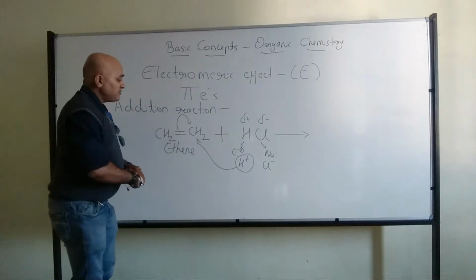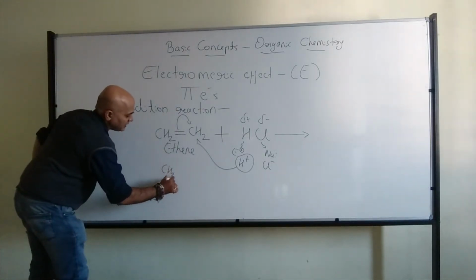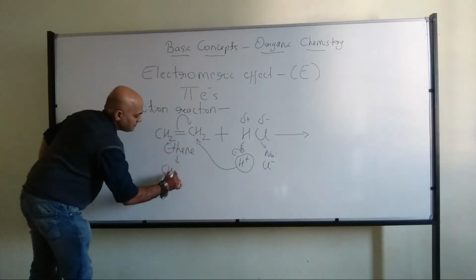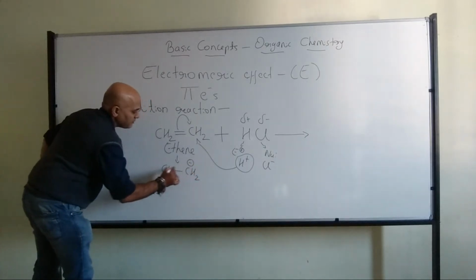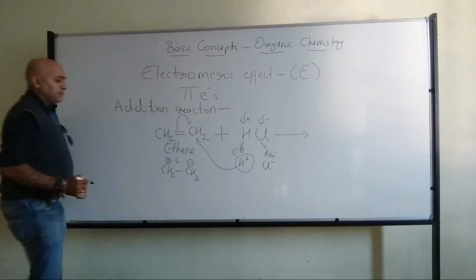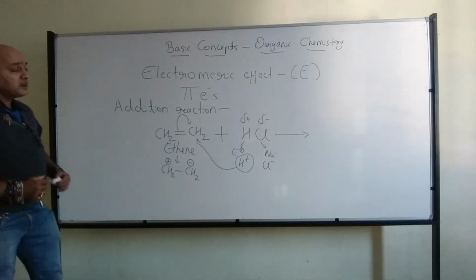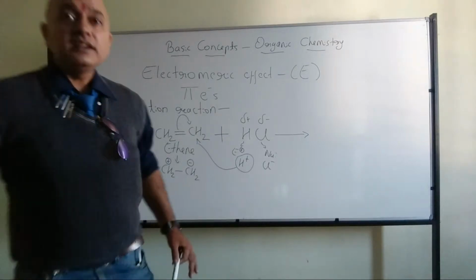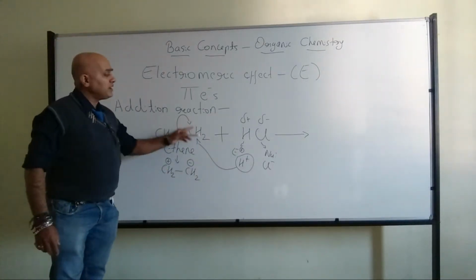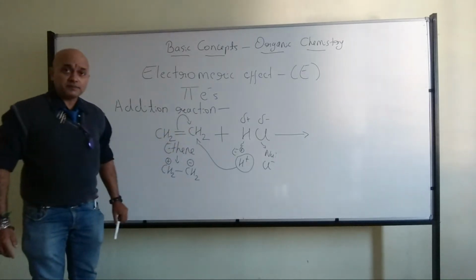Now, that's where there will be formation of a condition due to the shifting of electron. This will be minus, this will be plus. One carbon will become minus, that is carbanion, and another one will become carbocation. All of you got my point? So that is because of the electromagnetic effect, displacement of the pi electron towards one carbon.